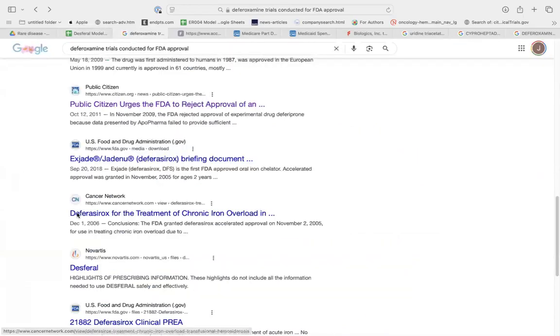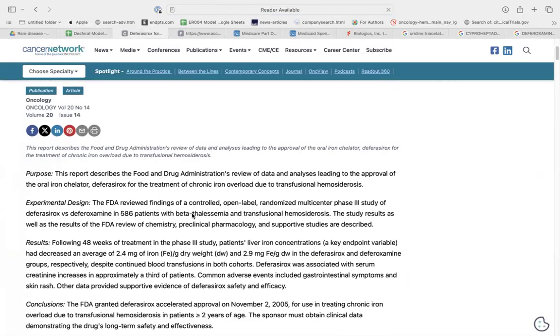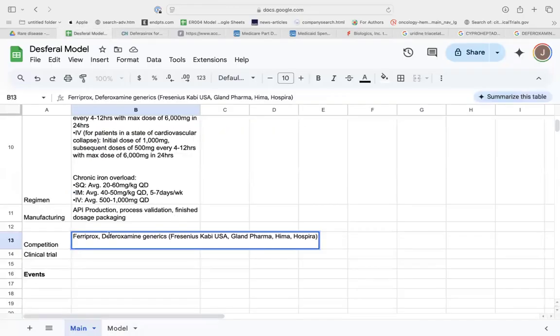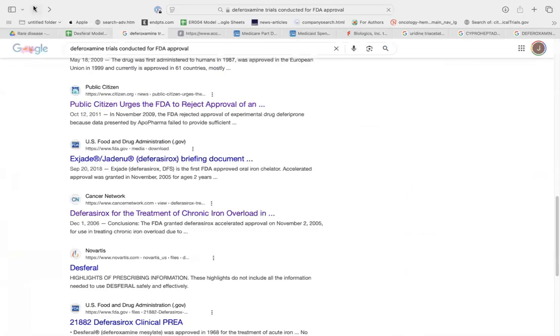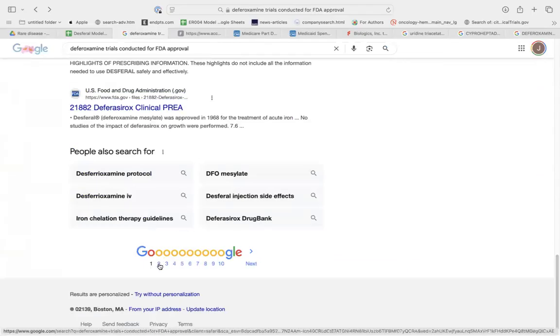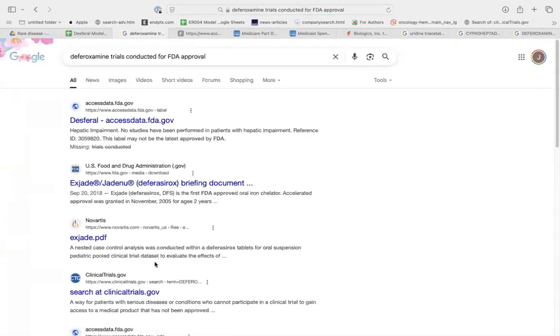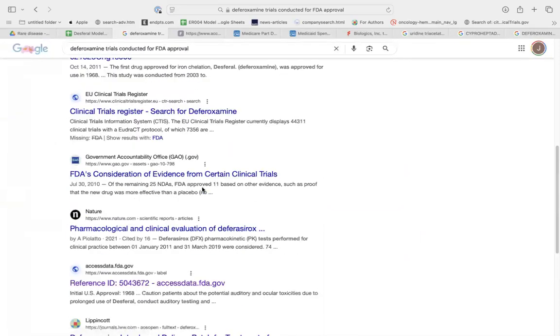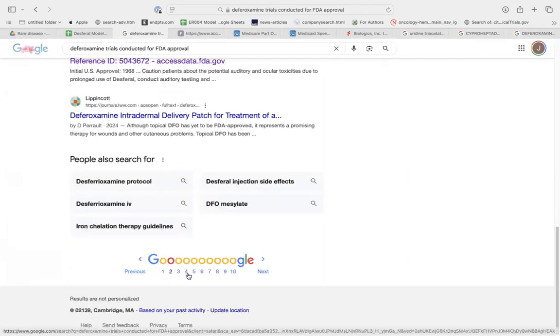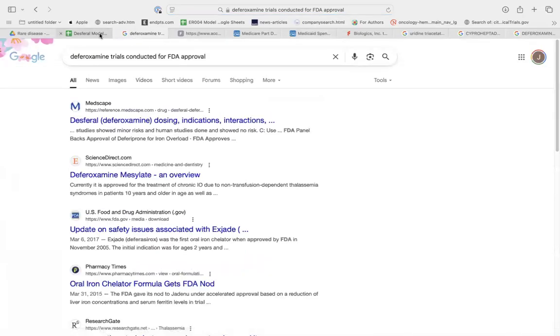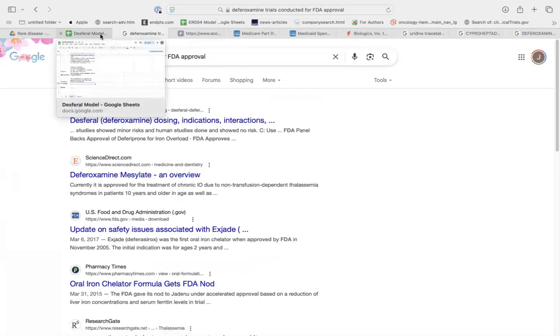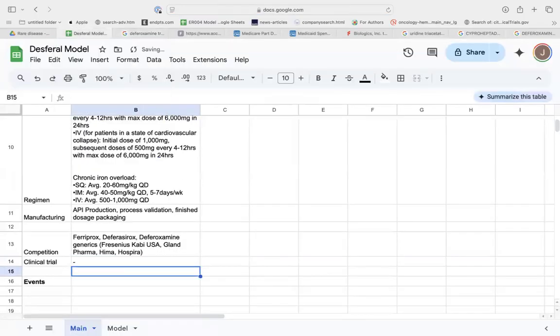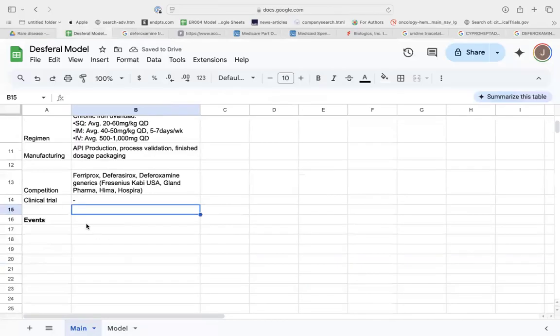And then this drug, Desferal. I think because it was approved so long ago, it's going to be difficult to find the actual clinical trial data. So we'll look for it, and if something comes up later, we'll fill it in.